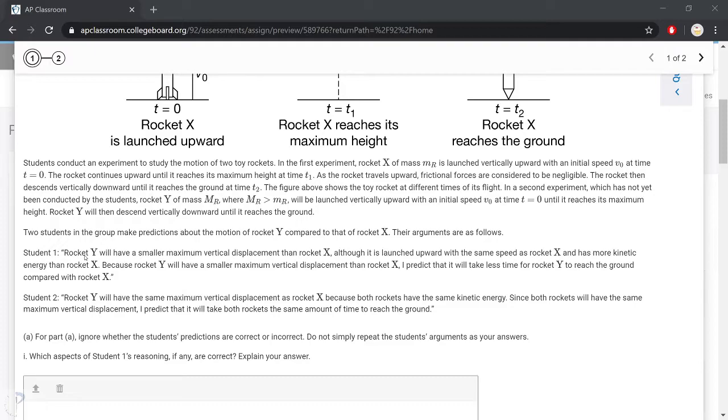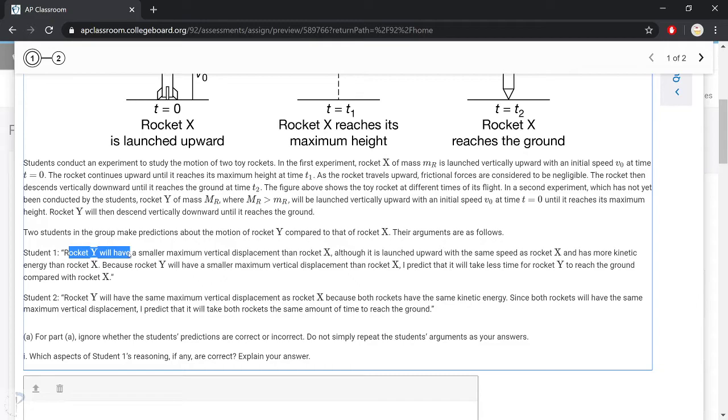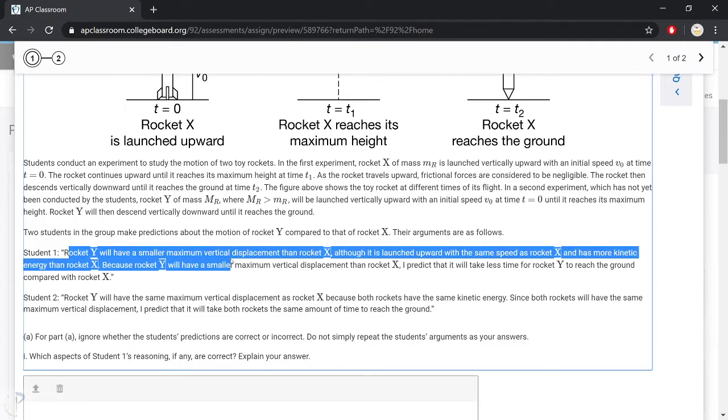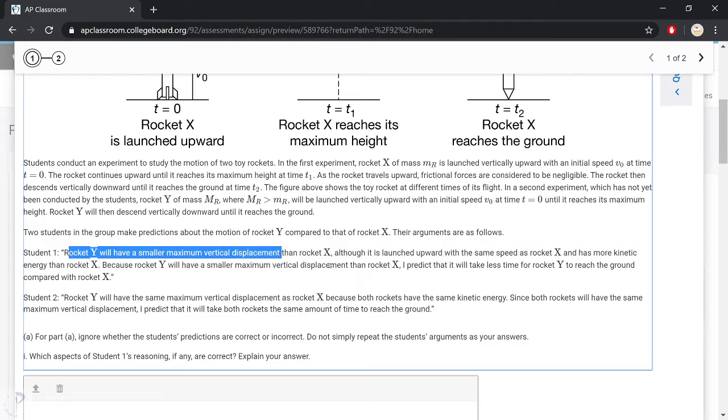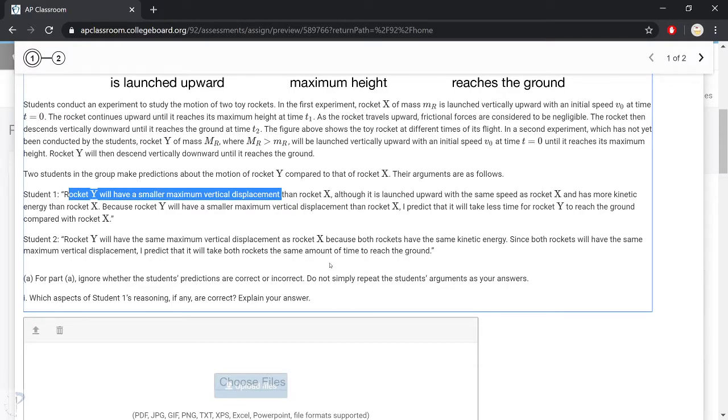Okay, so the claim would be this first part, I guess: rocket Y will have a smaller maximum vertical displacement. That's his claim. What is the reasoning? It's kind of weird how he stated it, but it is what it is.